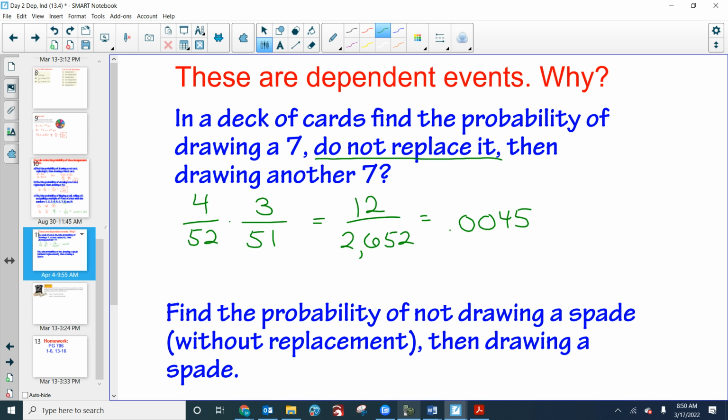Or 2 decimals over, about 0.45%. So less than a half of a percent chance that you do that event of drawing a 7, not putting it back, and then drawing another 7. Very unlikely.